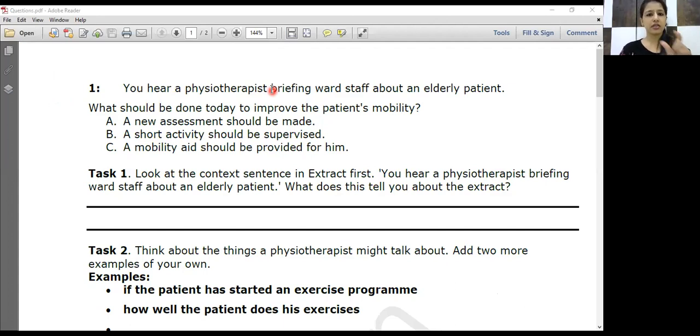So the tag itself indicates future action, which means you have to find out the next step that is to be done for the patient.